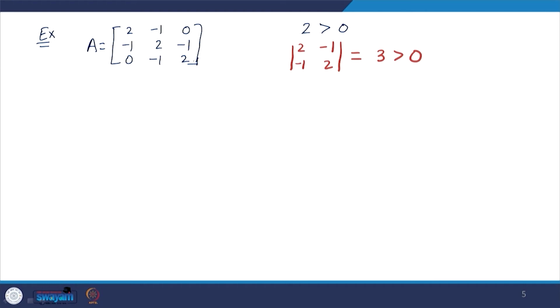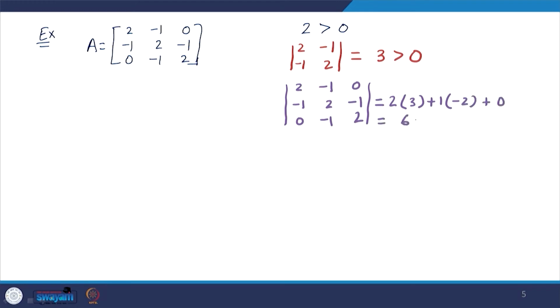Then I will take the 3 by 3 pivot. In this case it is the determinant of the whole matrix: 2 times 3 plus 1 times minus 2 plus 0.